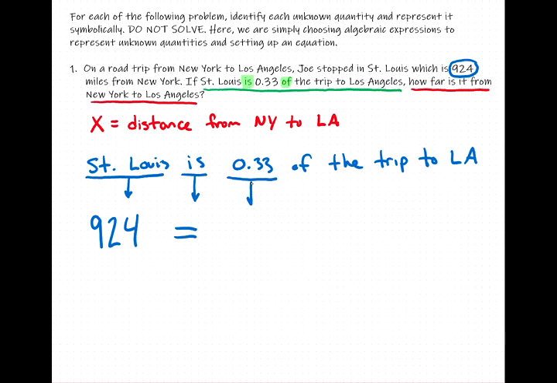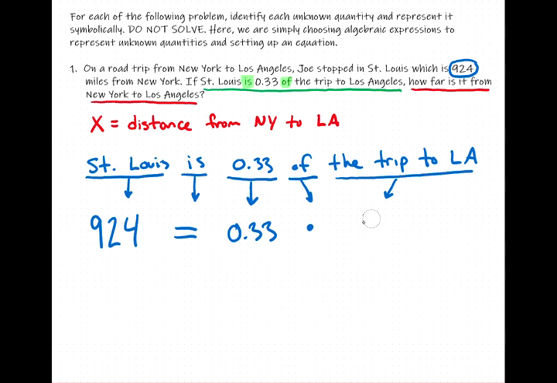Well, that's already a number. We don't need to translate that. Of means multiply. And the trip to LA, the full trip from New York to LA, well, that's what our variable is representing. The full trip to LA, the unknown, that is x.